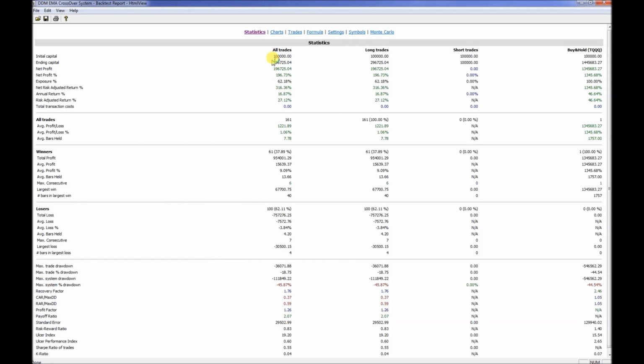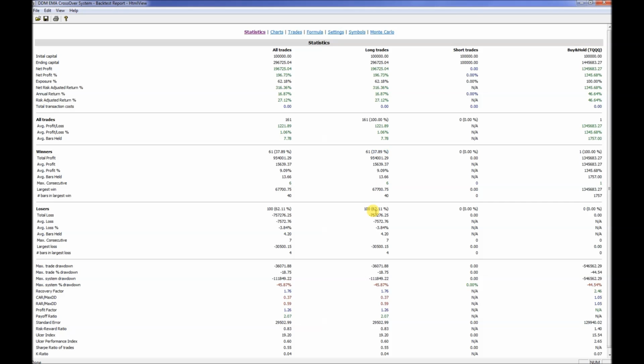If you look at this, you can see right off the bat, this looks pretty good. You started with $100,000 and your ending equity is almost $300,000. So you would have made about $200,000 following these specific rules. It took 161 trades, and you can see only about 40% were profitable.